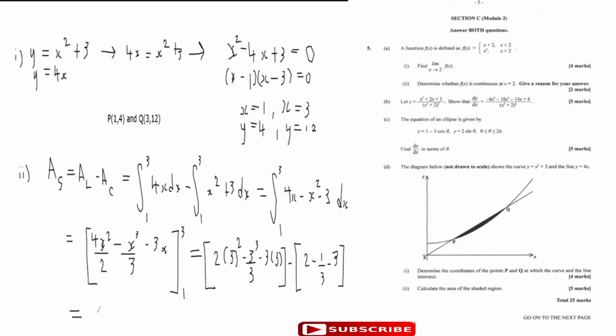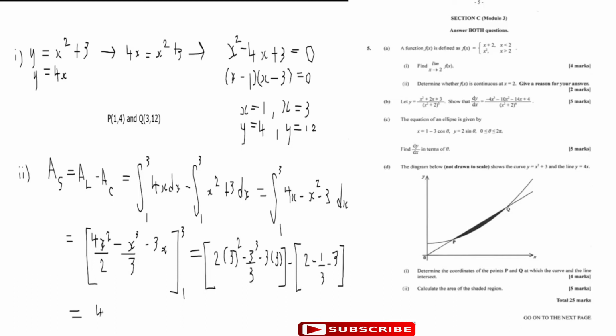Put all that in a calculator. 2 times 3 squared minus 3 cubed over 3 minus 3 times 3, minus 2 minus 1 over 3 minus 3, and you get 4 over 3.